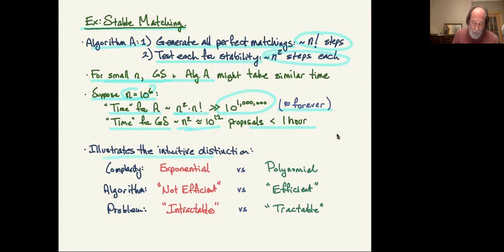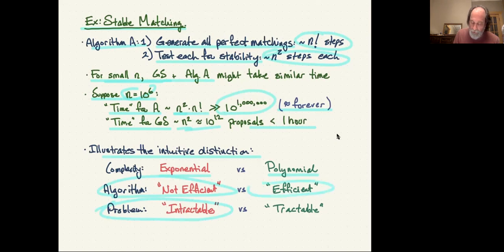So this is to illustrate this kind of intuitive distinction between exponential time complexity and polynomial time complexity, right? So we think of an algorithm that's exponential time as being not efficient, and a problem being intractable if the only algorithms we know for it require at least exponential time.